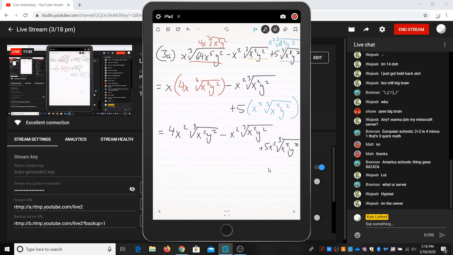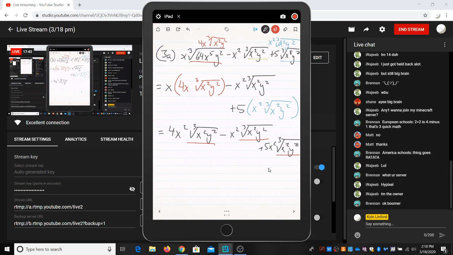Now, we've broken everything down, and we can see right away, yes, we do have like radicals here. They have the same index, 3, and they have the same radicands. But before we actually start combining things, we have to make sure that the things we're going to add and subtract together are in fact like terms.